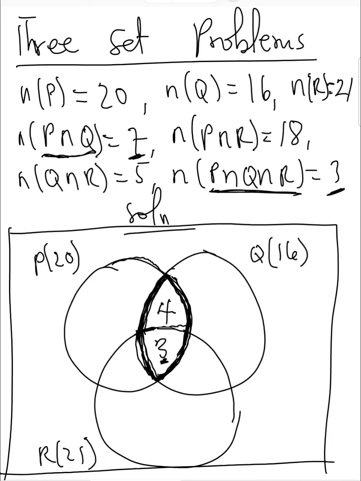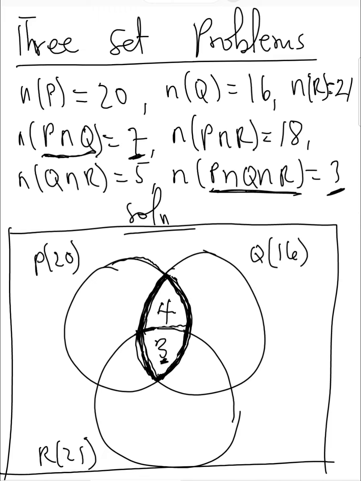Now, so P intersection R is this portion. How many are they? Is it 8? Oh, sorry, it's not 18, it's 8. Okay.